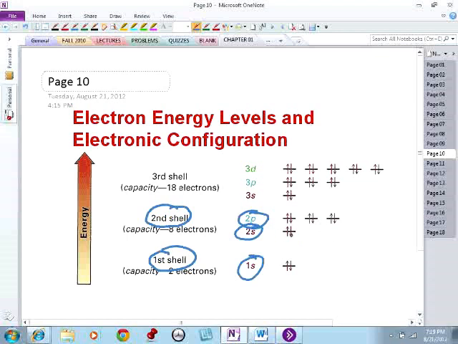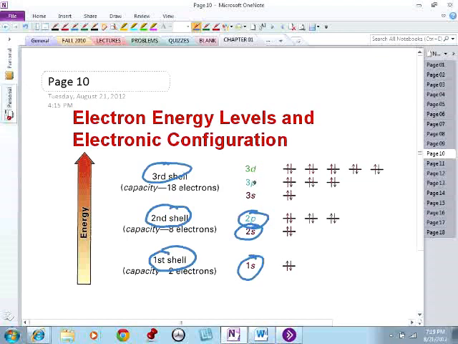Now what do we see here? We are simply saying that the maximum number of electrons you have in the s orbital is 2. The maximum that you have in each of the p orbitals is 2. 2 here, 2 here, 2 here. And then you go to the third energy shell, which is right here. In the third energy shell, now you have 3 types of orbitals.